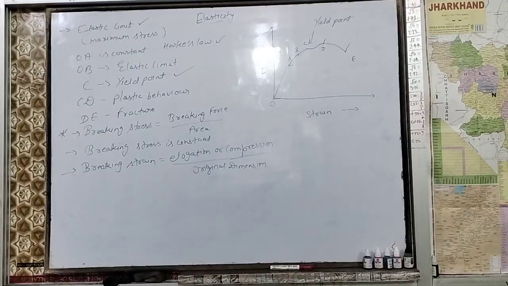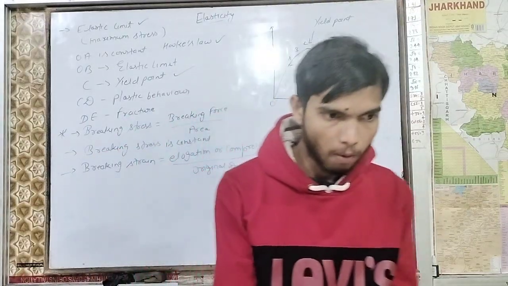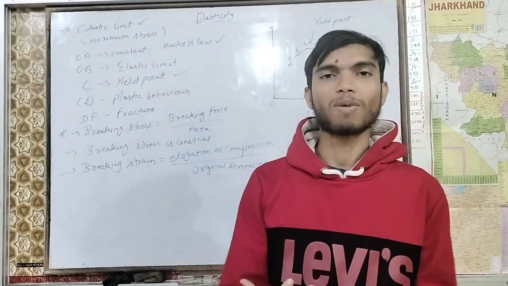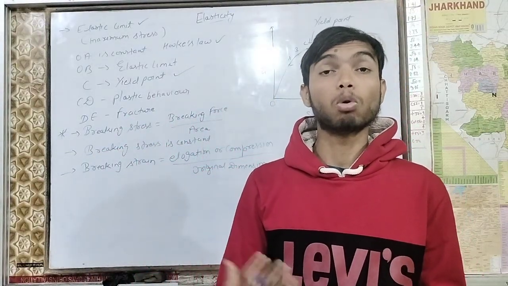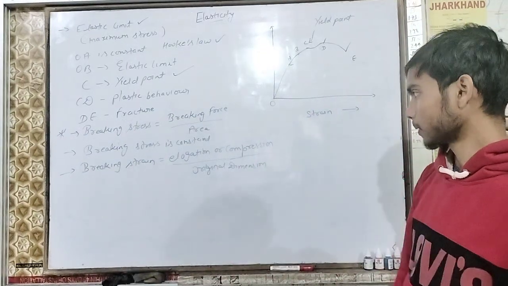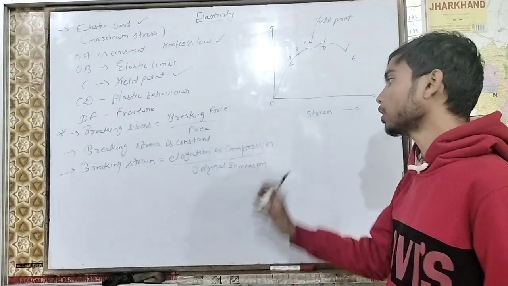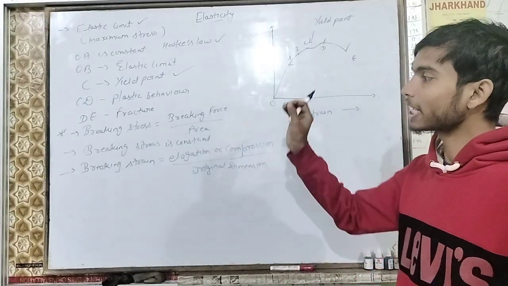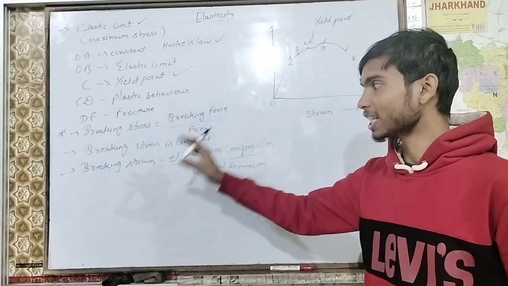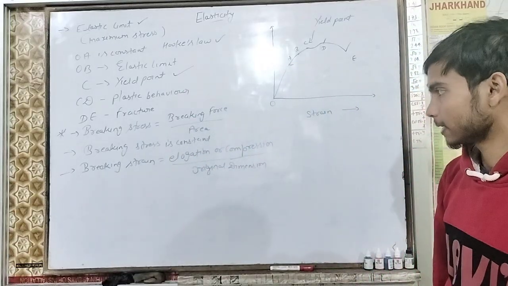Okay, now next point. How much length was pulled or pushed? Just put it in millimeter. And what was the original dimension of that body? Just put it in millimeter. You will get breaking strain. This breaking strain is not equal to breaking stress.